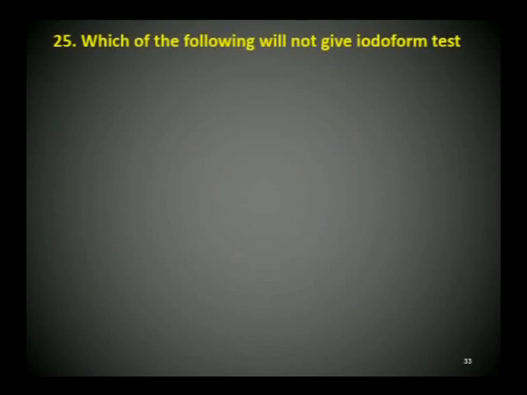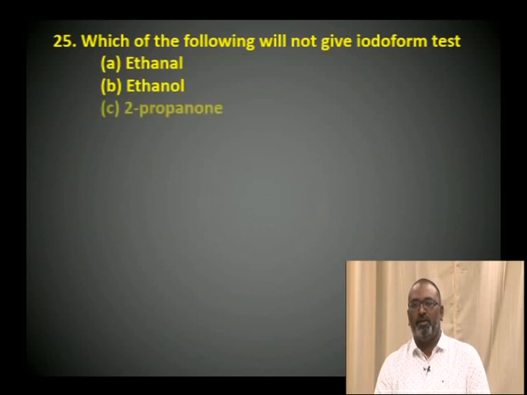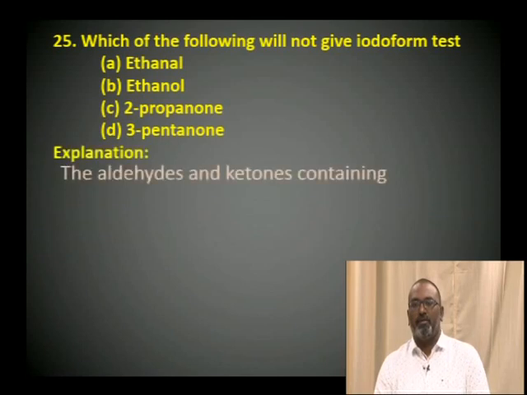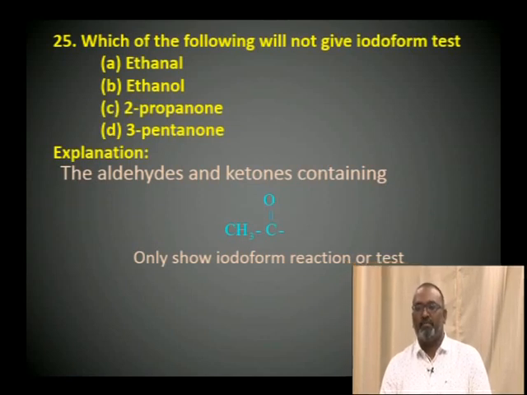Question number 25. Which of the following will not give the iodoform test? Ethanol, ethanal, 2-propanone, 3-pentanone. Only the aldehydes and ketones containing the CH3CO group show the iodoform reaction.